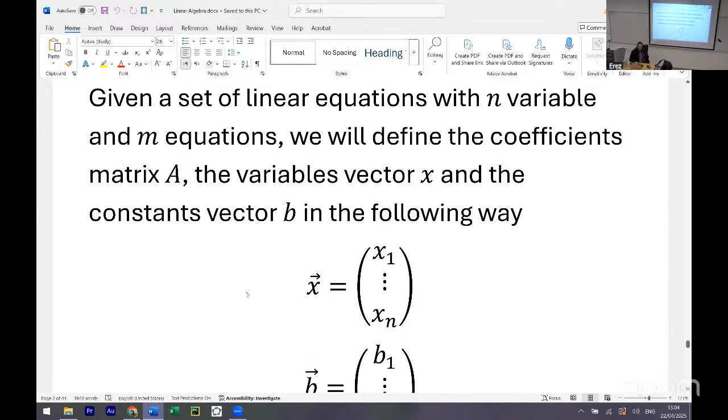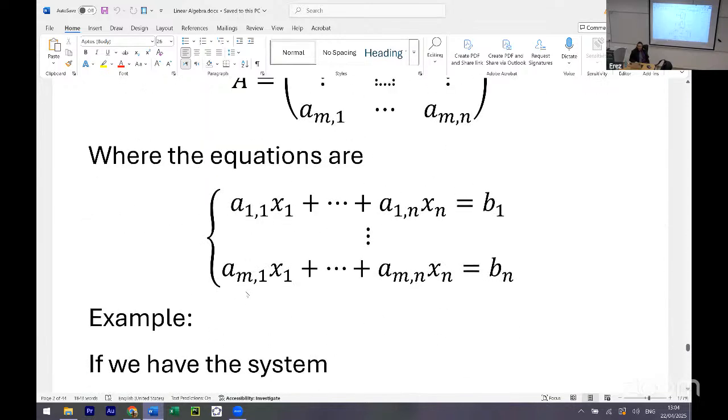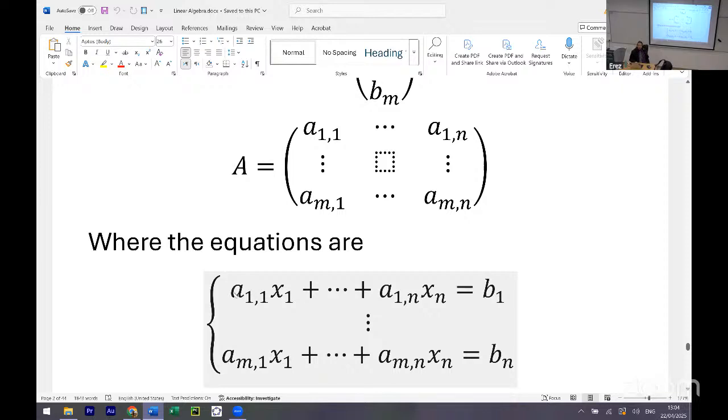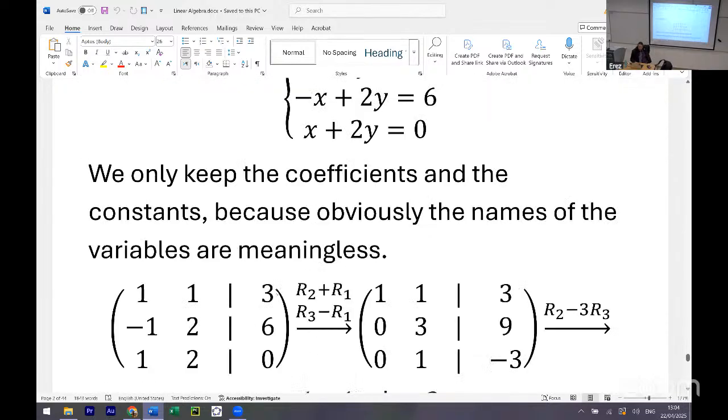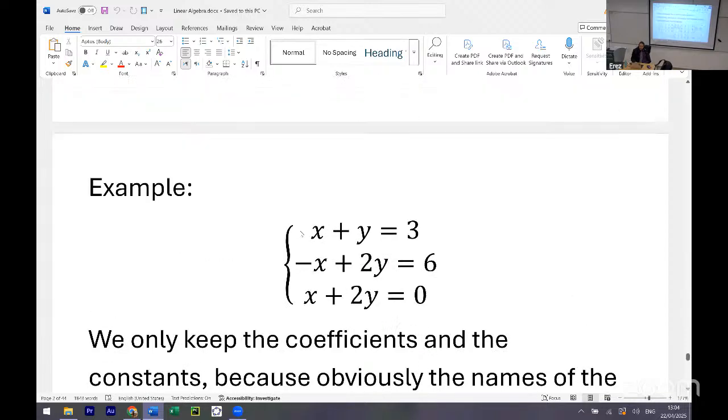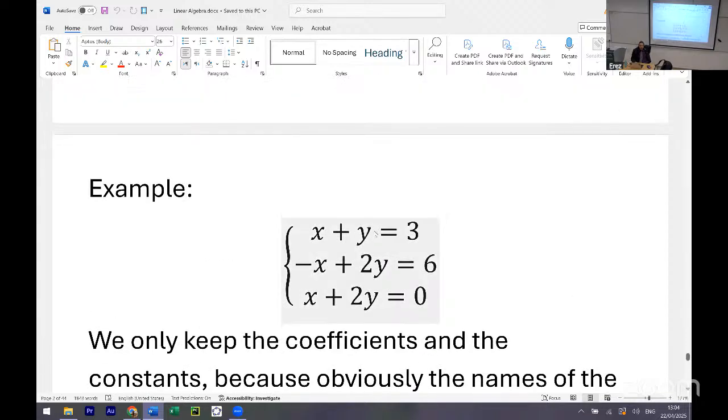Any linear equation is a sum of coefficients, which are numbers from the field, times a variable, and the variable is just not squared, not square root, not multiplied by anything, just of the following form: number times a variable plus a number times a variable equals a number. So I'll go back to the example like this. This is 1 times x plus 1 times y equals 3.